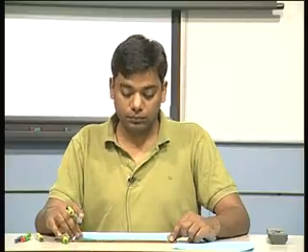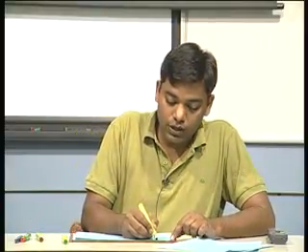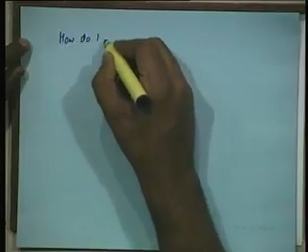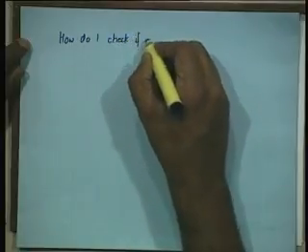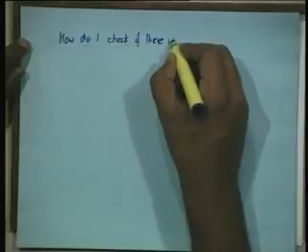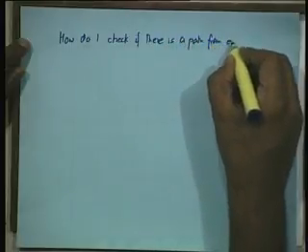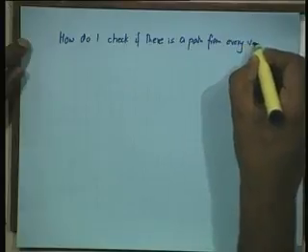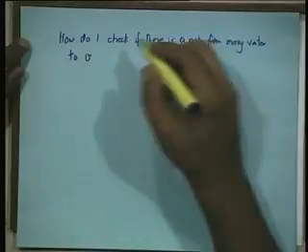Okay, so this is the question: how do I ensure that there is a path from every vertex to v? How do I check if there is a path from every vertex to v? How do I do this?